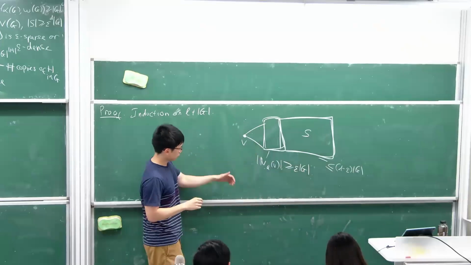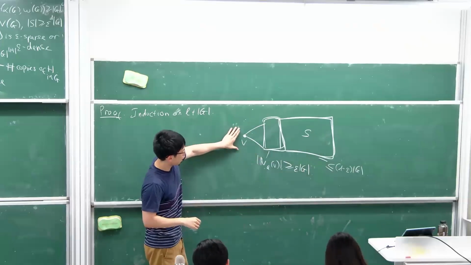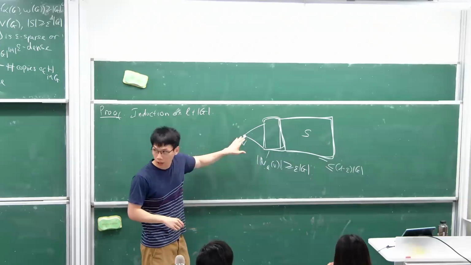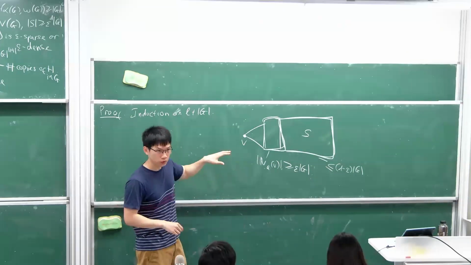Great. Now I want to count the number of independent sets of size K in G. Of course, I can classify these into two types.